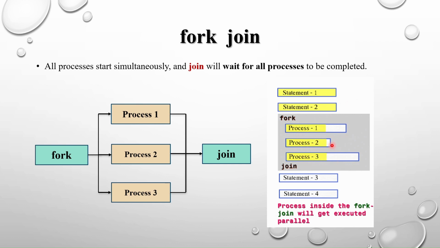Process 2 completed, process 1 is completing, and process 3 is completing. Now process 3 has completed, so it comes out of the block, statement 3 is executed and statement 4 is executed. So the join statement waits for all three processes to be completed. Once all three are completed, it comes out of the block. This is fork join. Now we will see fork join any.